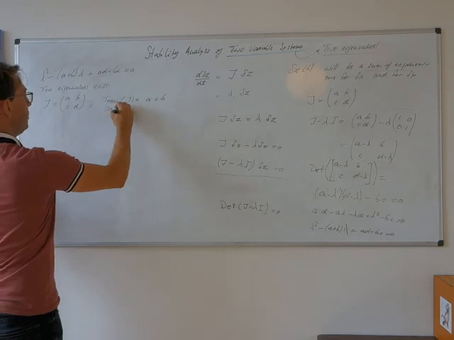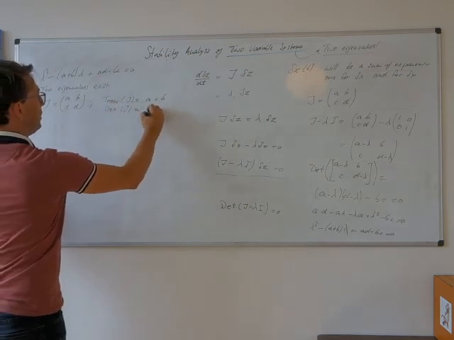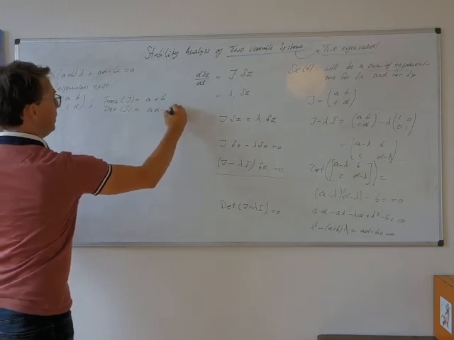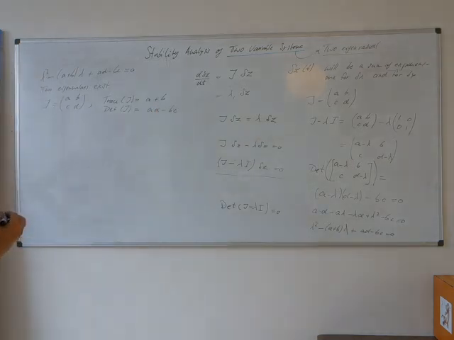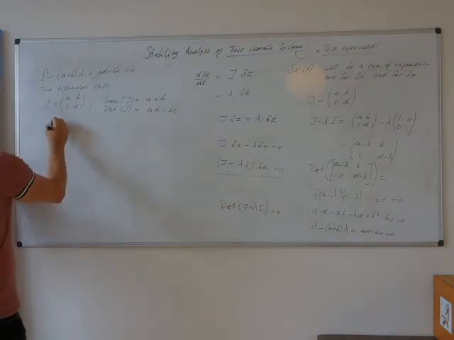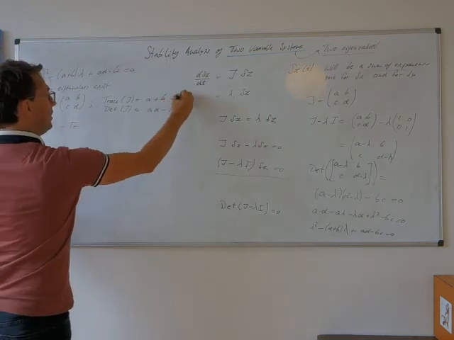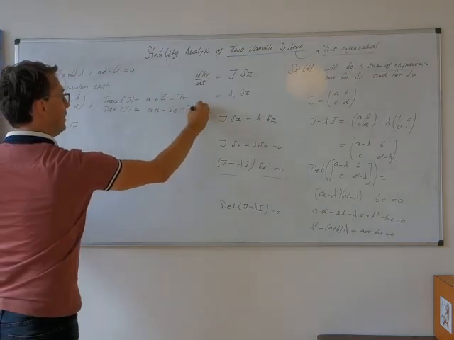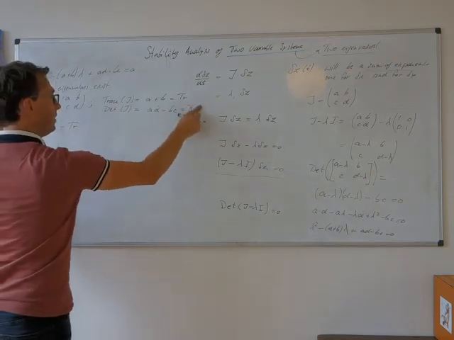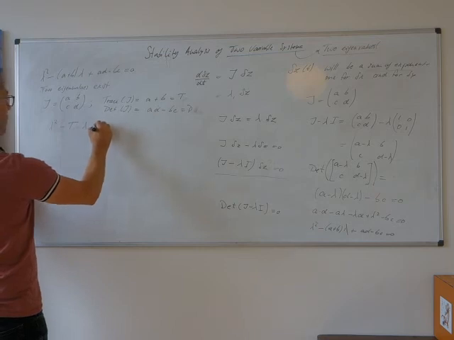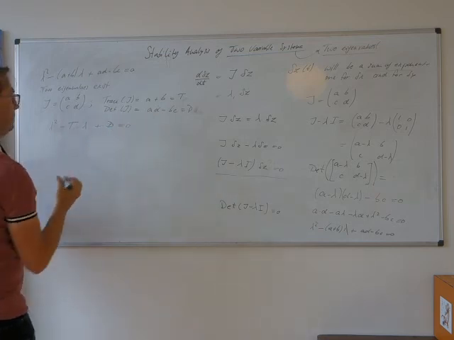And another one is the determinant of J, which is this. Okay. So it turns out that indeed only two properties of the Jacobian matrix determine it. It's its trace and its determinant. So let's call that T and D. So you get lambda squared minus T lambda plus D equals 0.